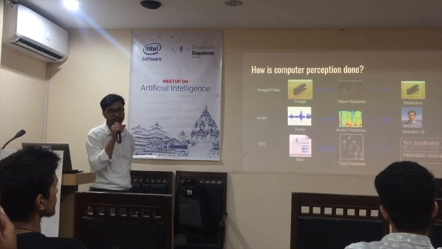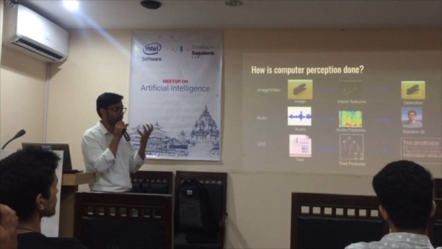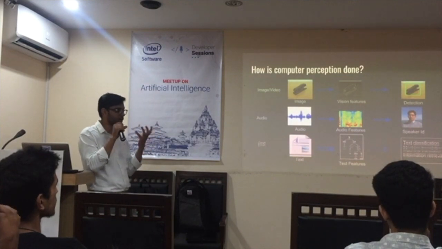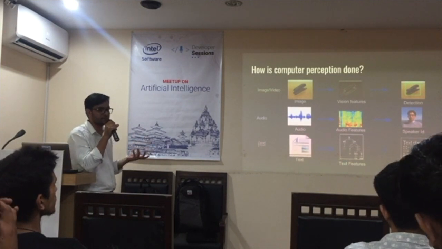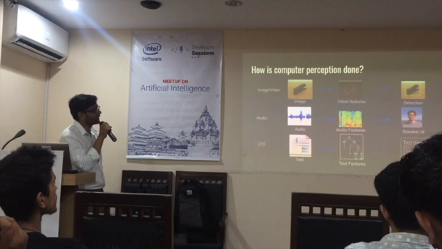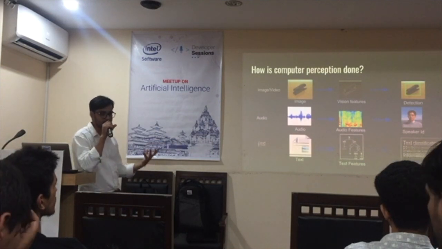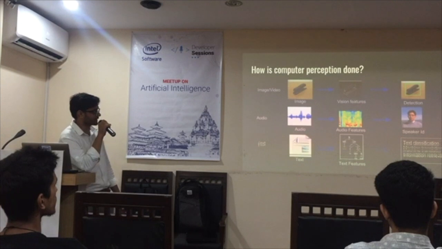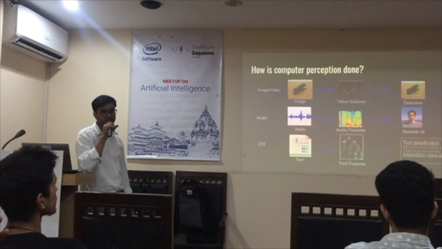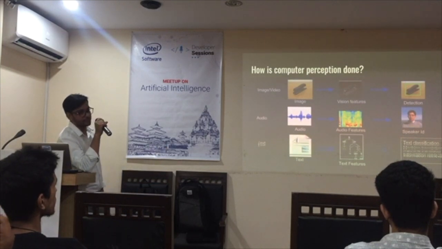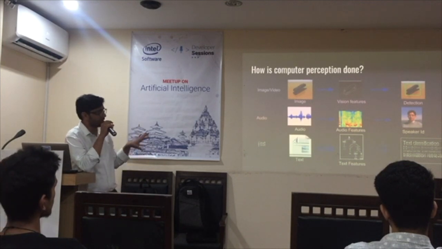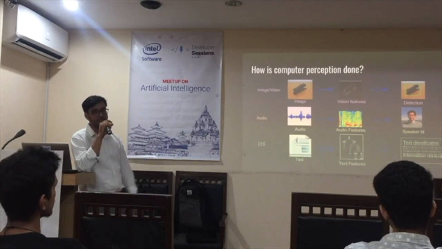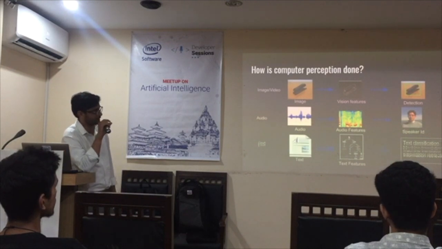There are lots of features we can extract from an image, like histogram of oriented gradients or pixel density, like SURF, etc. In audio, you can have spectral features like that. In text, we have POS tags, named entity tags, term frequency features. And currently there is a word2vec model that can transform your text into a mathematical representation.